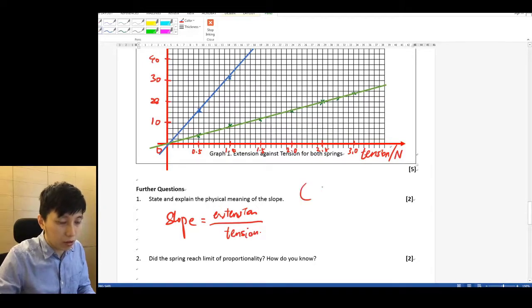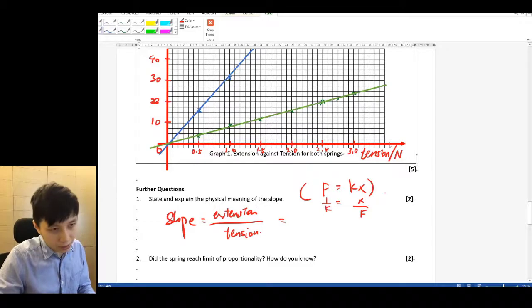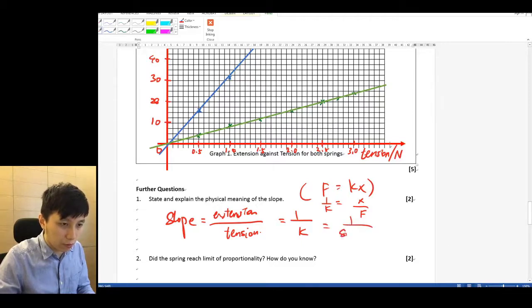And by recalling Hooke's law itself, which is F equals kx, we can get extension, which is x divided by F, and in this case we'll have 1 over k on the other side. So the slope actually means 1 over k, which is 1 over the spring constant, or spring constant inverse, if you like to write it this way.